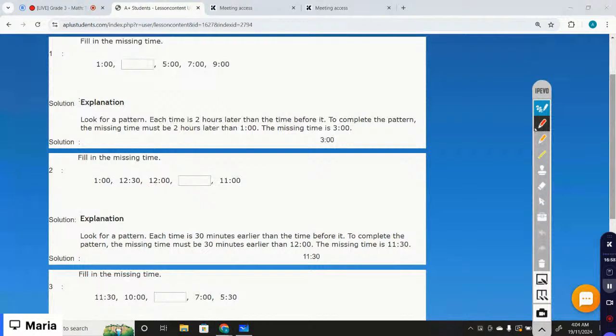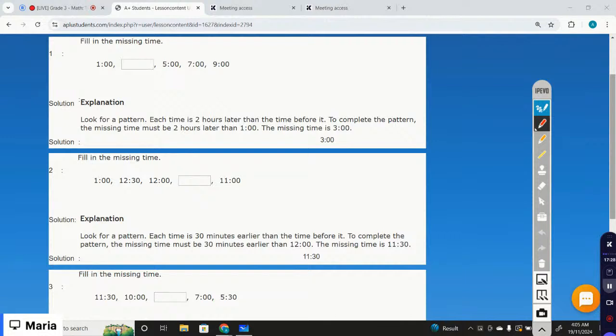The time is decreasing. The time is decreasing by 30 minutes, right?